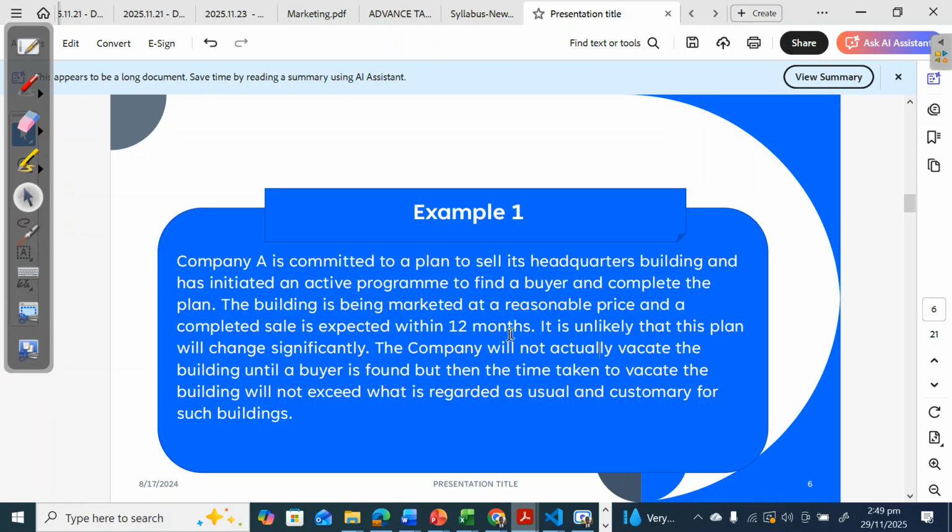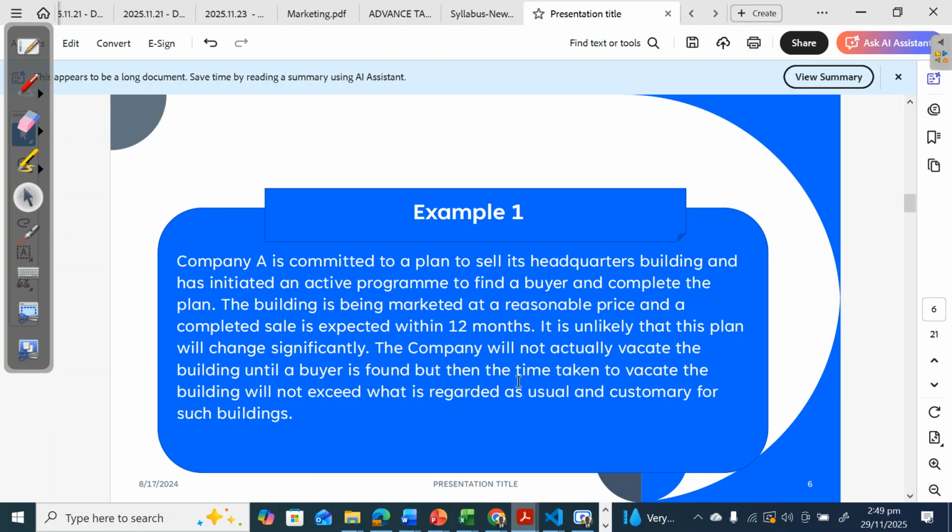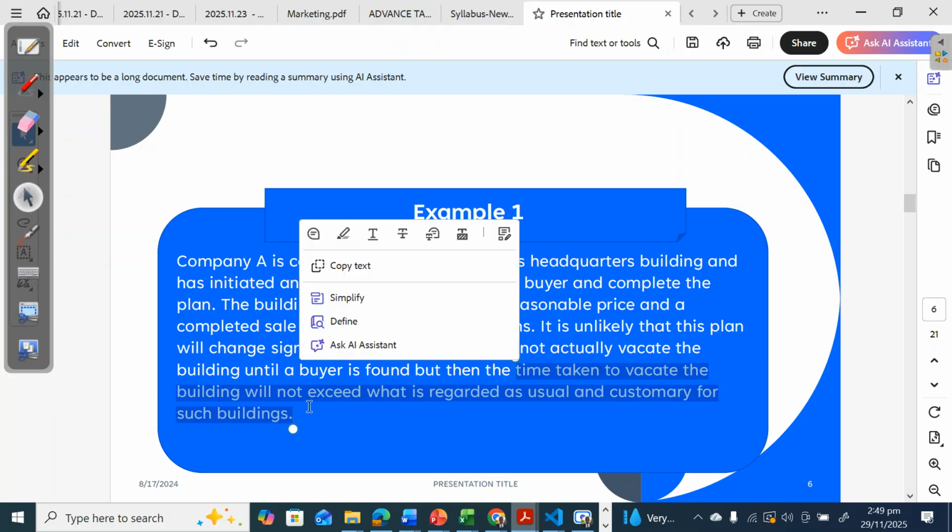Because of this statement, we can say that they can classify it as held for sale.